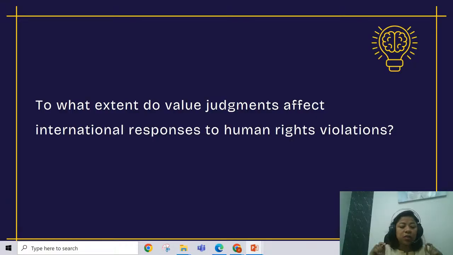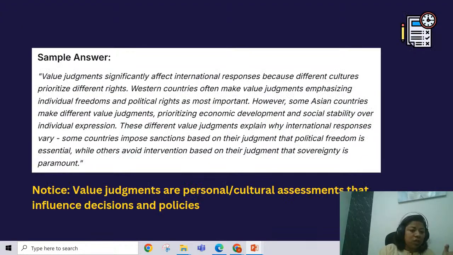Whereas you are expected to answer with respect to the data given in the source plus your personal belief, your values, and then judge the effect on international responses to human right violations. So let's look at the answer.